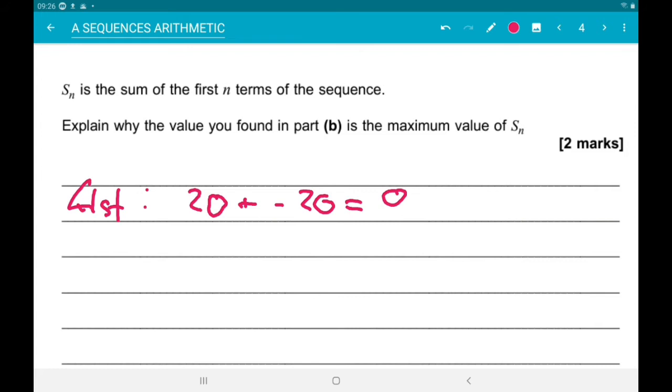So we should say something along the lines of, after the 41st term, every term is negative. So after this point, the sum decreases. And that's why the sum to 41 is the maximum value of Sn.